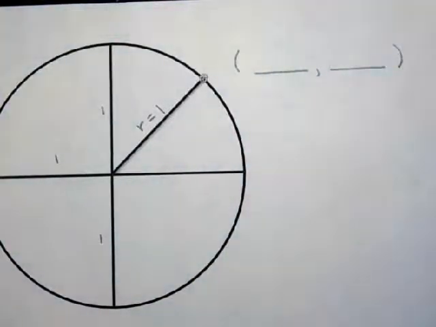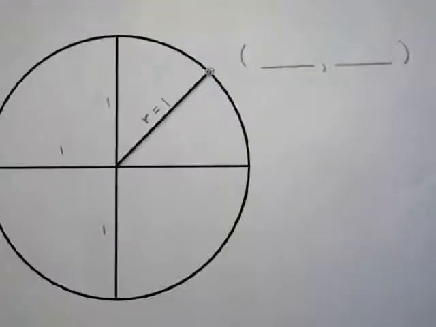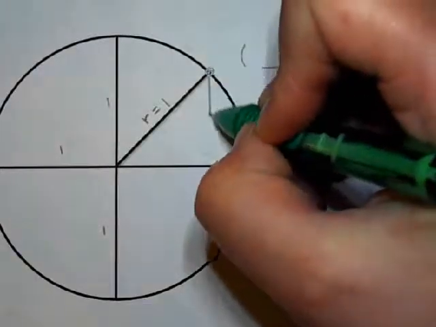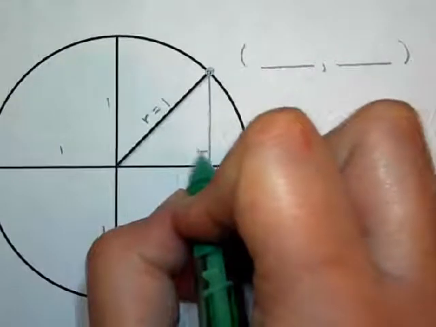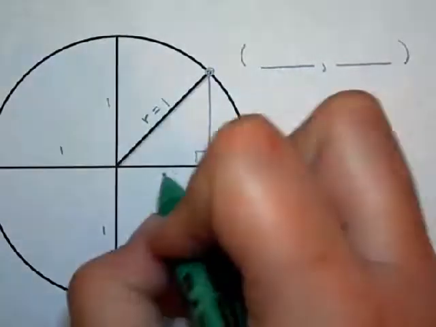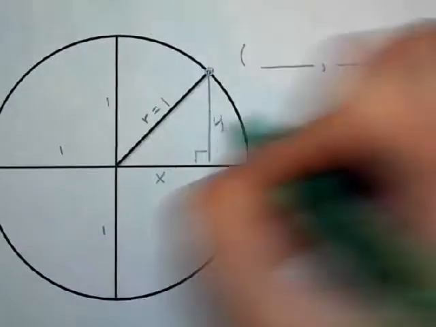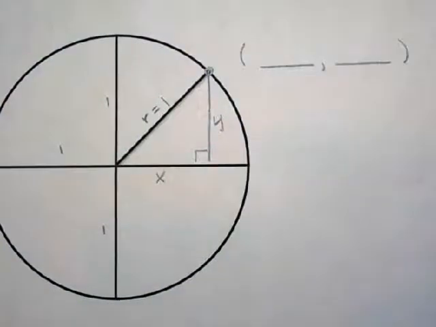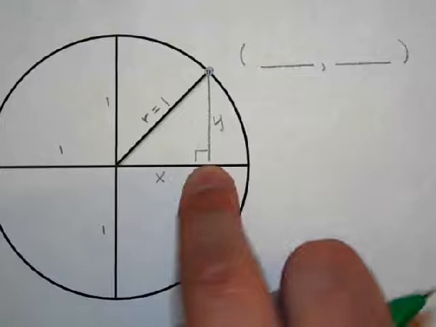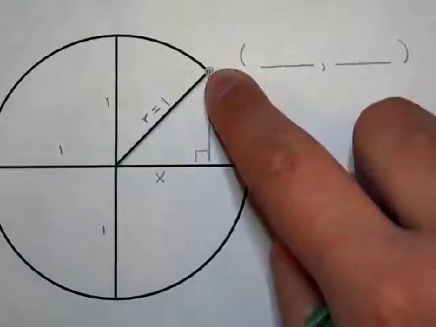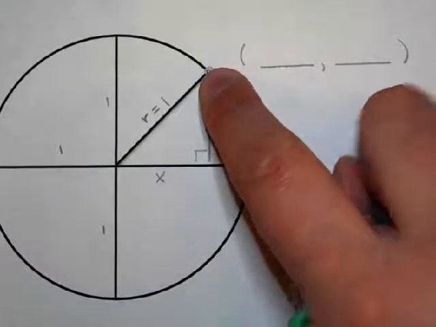We drop a line straight down. Draw our 90-degree angle. X value, y value. So just a reminder, if we were to go over an amount of x and up an amount of y, we would end up at the point, and that's how we get the x value, the y value.